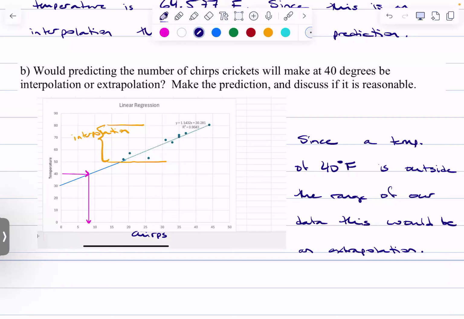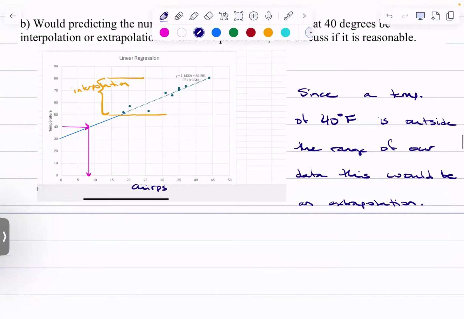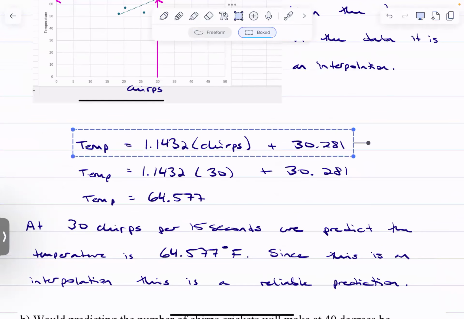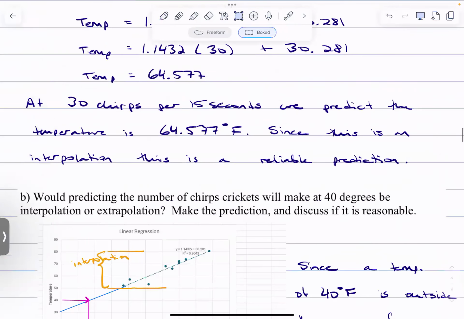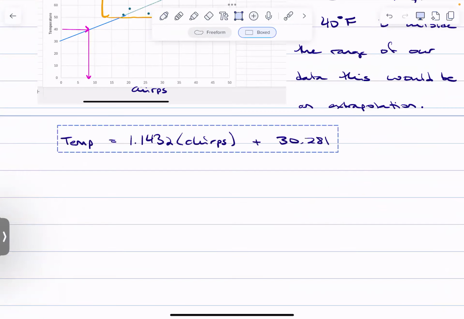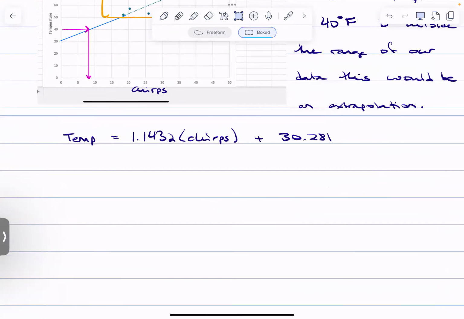But with a little red flag saying it's an unreliable prediction, but it's the best thing I have, right? It's my best guess. And so we can go ahead and still use the same equation. What you could do is refit it with the chirps on the y and the temperature on the x, but that seems excessive because we can just solve for the chirps.